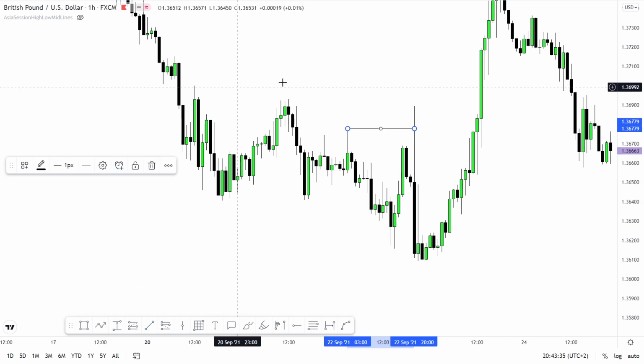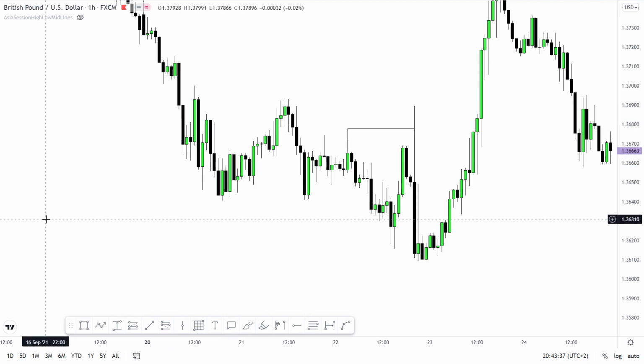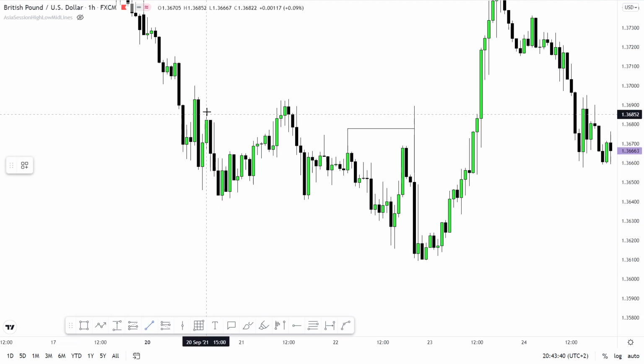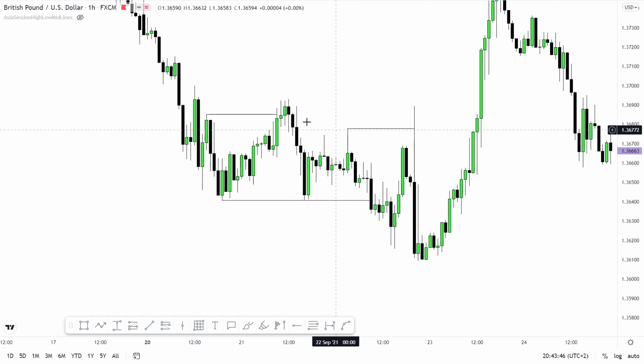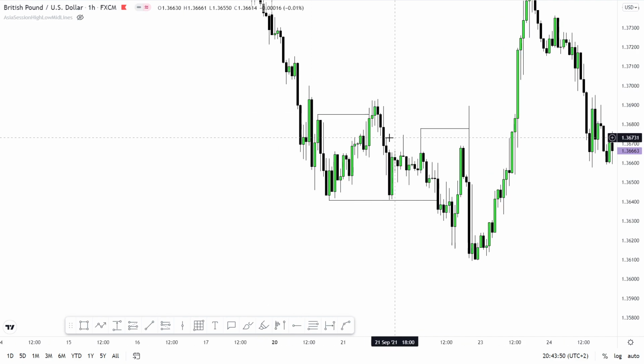So above here, I wanted to look for a sell, mainly because of this stop hunt, break of structure, inducement, right? I didn't really care much about the zones at this point because I already saw a sell setup within here.